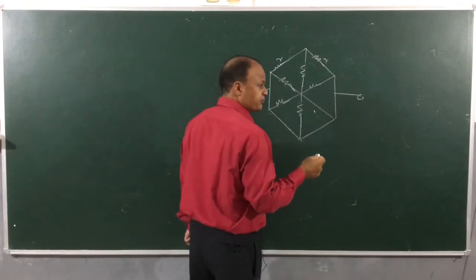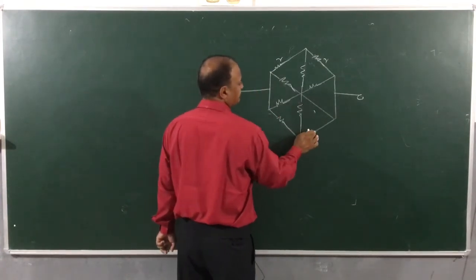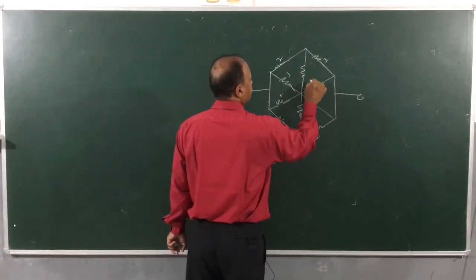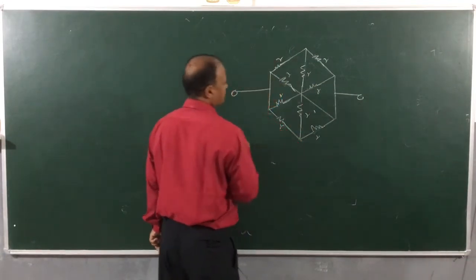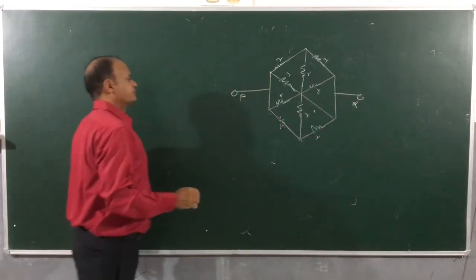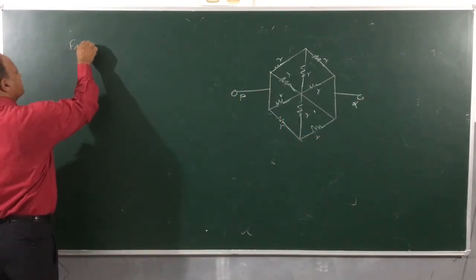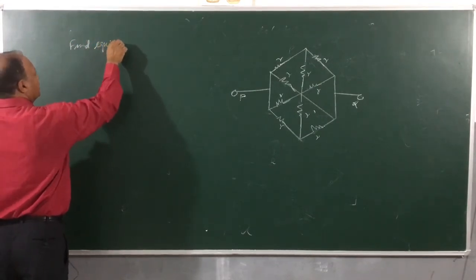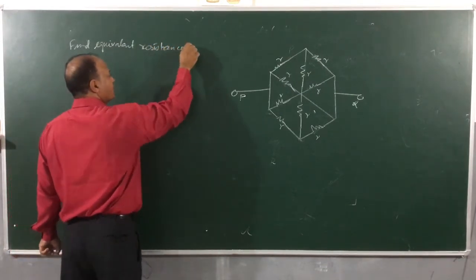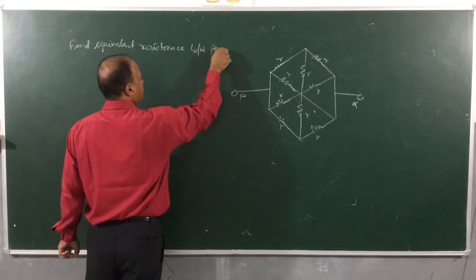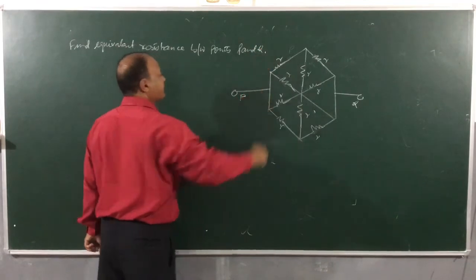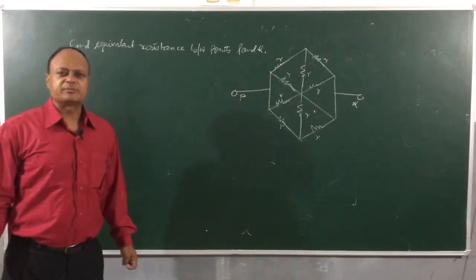Now, here children, each resistance is given to be equal to R. And the question is, find equivalent resistance between points P and Q. If they do not say P and Q, then they can also say equivalent resistance of the circuit.